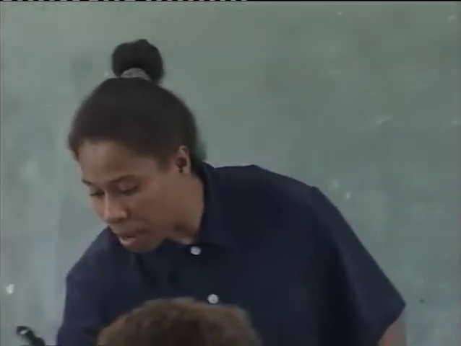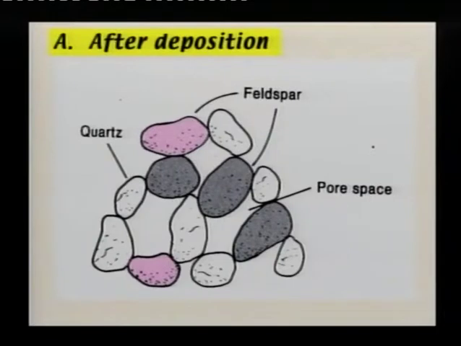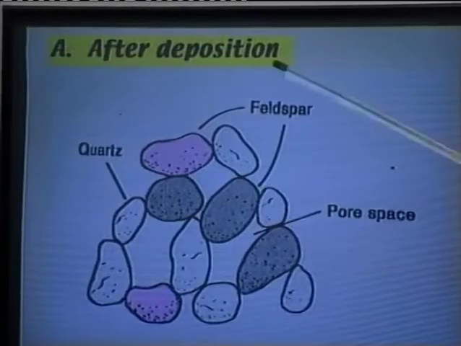We looked at an example, and in the example, after deposition, we had some sediments which have been transported and are now deposited. If we look at the diagram, it showed us samples of quartz, which is a mineral. We looked at a sample of feldspar. And here we might also have different minerals which have been deposited.